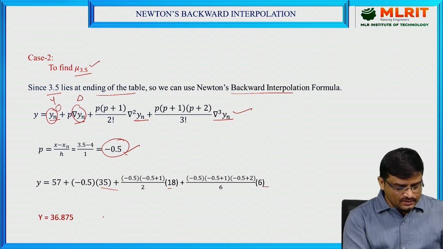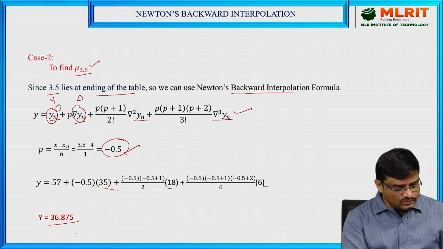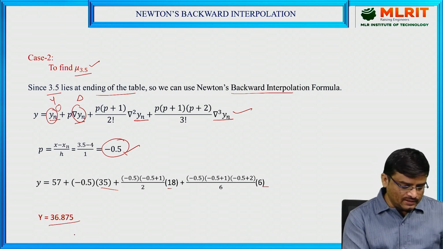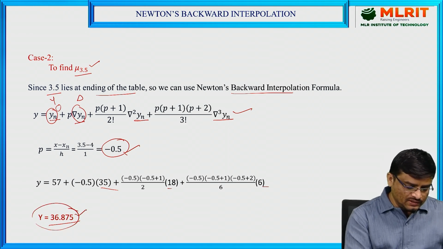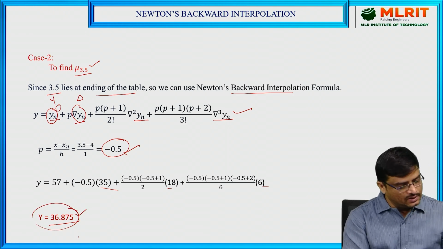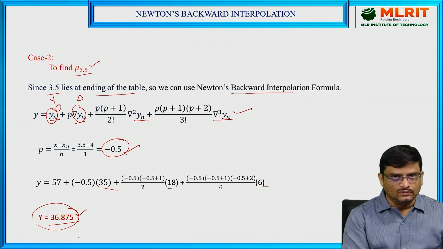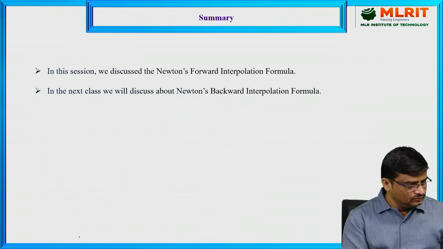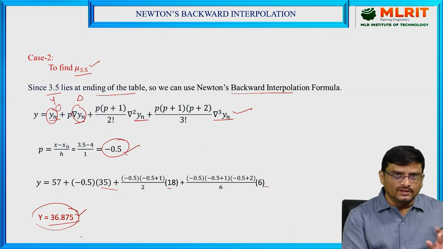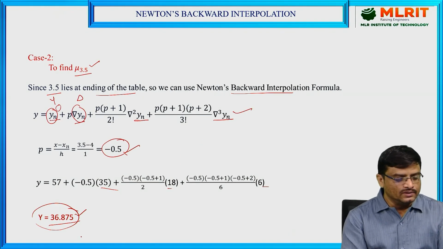Now simplify this. We got this value equal to 36.827875. If you want to check whether this value is right or wrong, once again go to the table and check that this value must lie between 3 and 4.